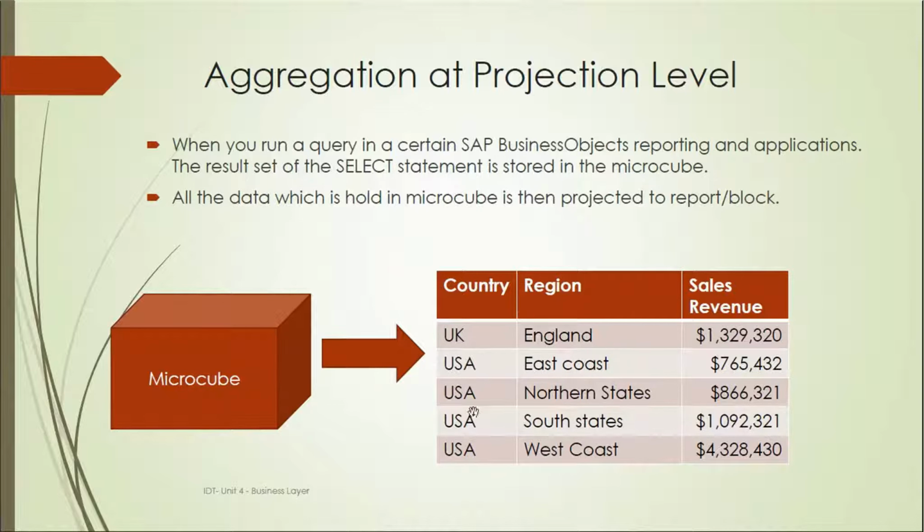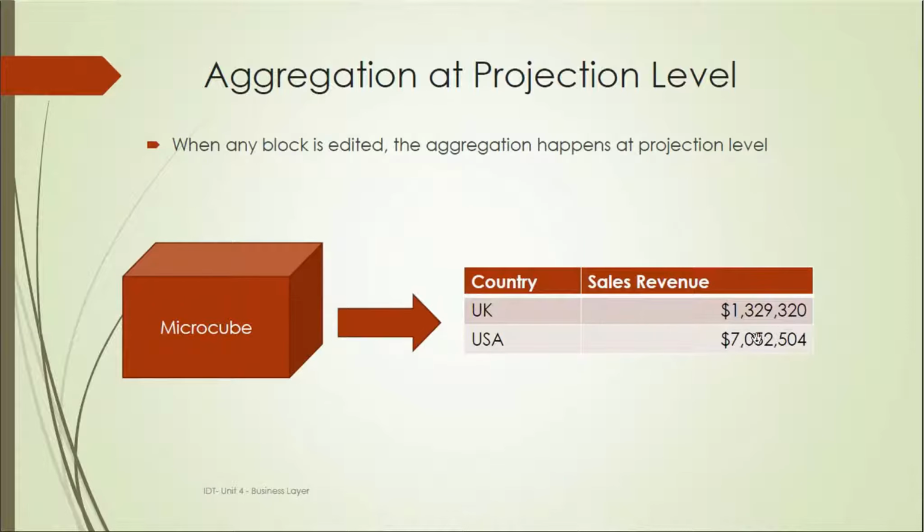That means for USA, whatever the total value is will appear here. That is aggregation at projection level. Whenever any block is edited, the aggregation happens at projection level. So these are the two aggregation levels: first is select level, and the second one is projection level.